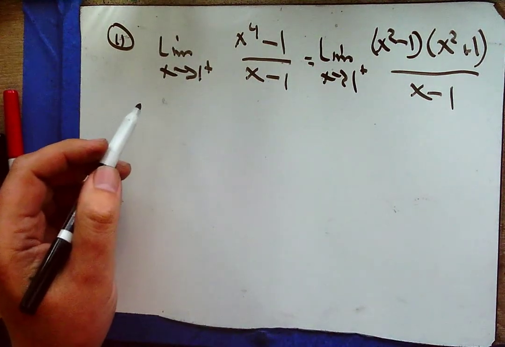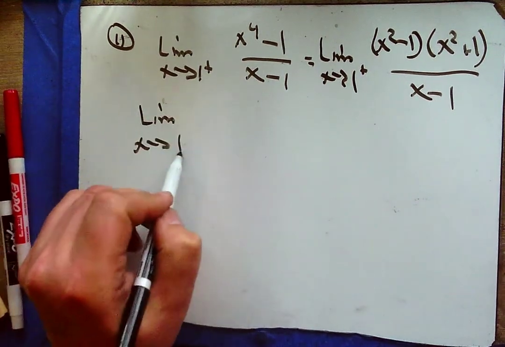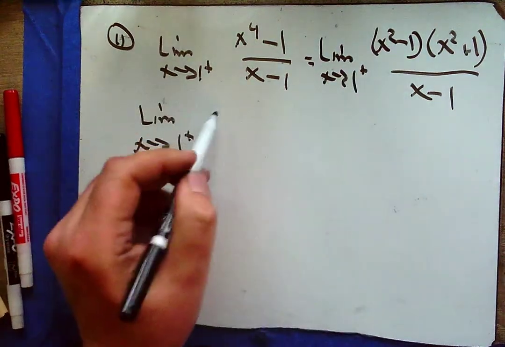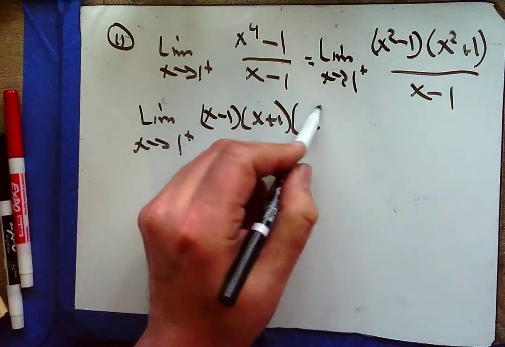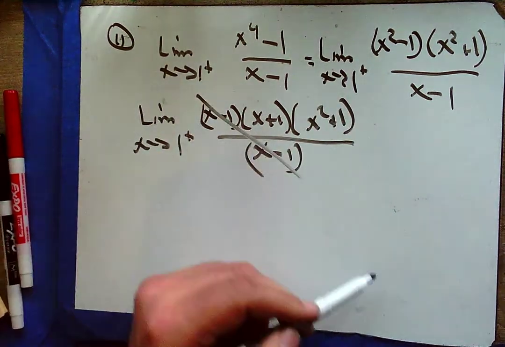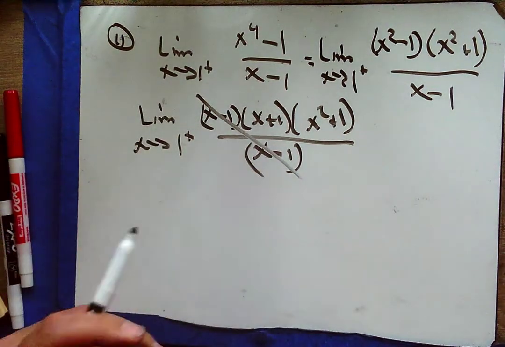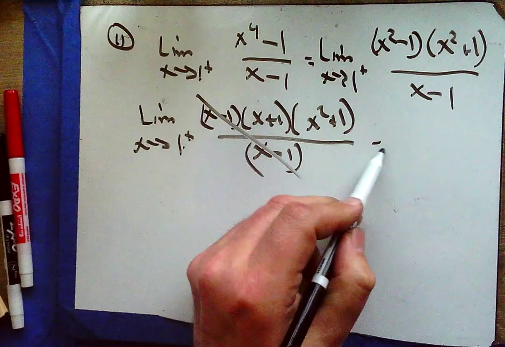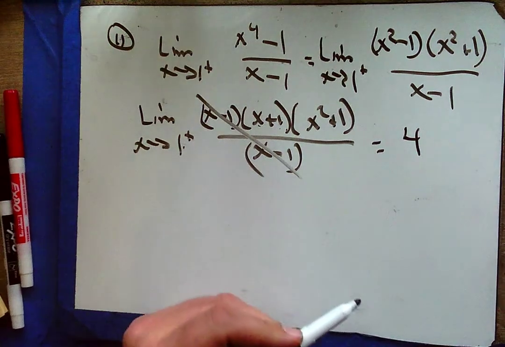And the limit as x approaches 1 from the positive of this, I see another difference of squares, x minus 1, x plus 1, x squared plus 1 over x minus 1. So these will cancel. So there's a hole at x equals 1, not a vertical asymptote. And if I now plug in a 1 for my x's, 1 plus 1 is 2, 1 plus 1 is 2, I get 4.